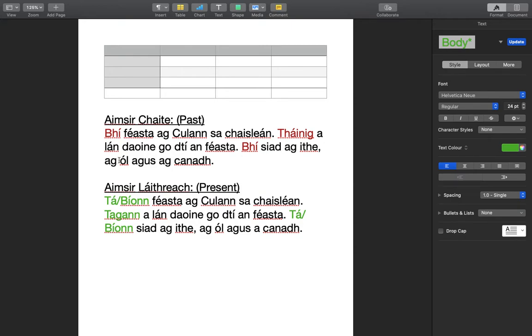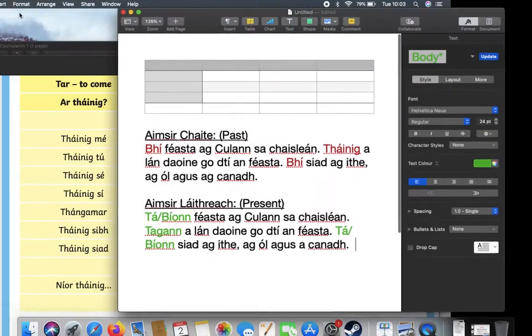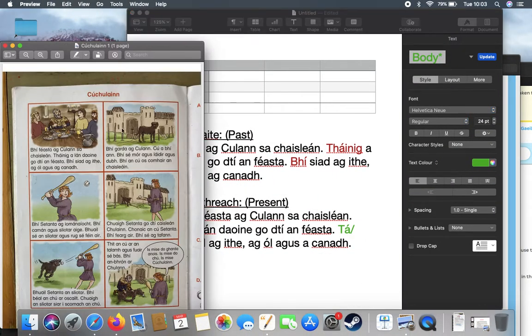Every verb is changed from the past to tá or bíonn, tháinig to tagann, and so on. And you write out the whole sentence with the rest of the words, but the verb is the only thing that's changing, okay? And you'd continue on and you do it for this shlucht, this one, this one, this one, and this one.